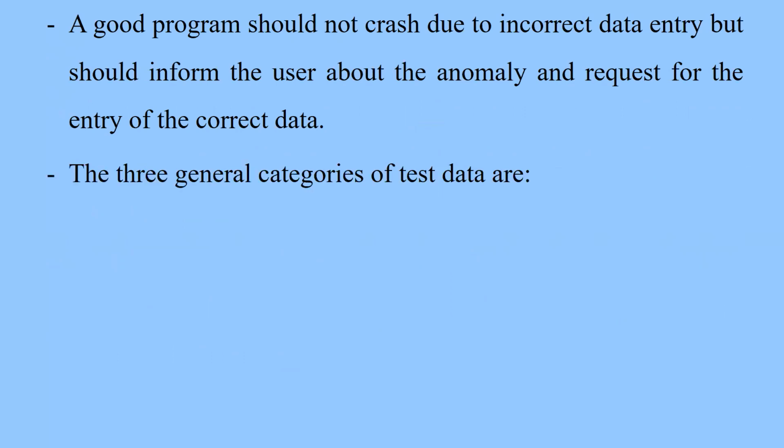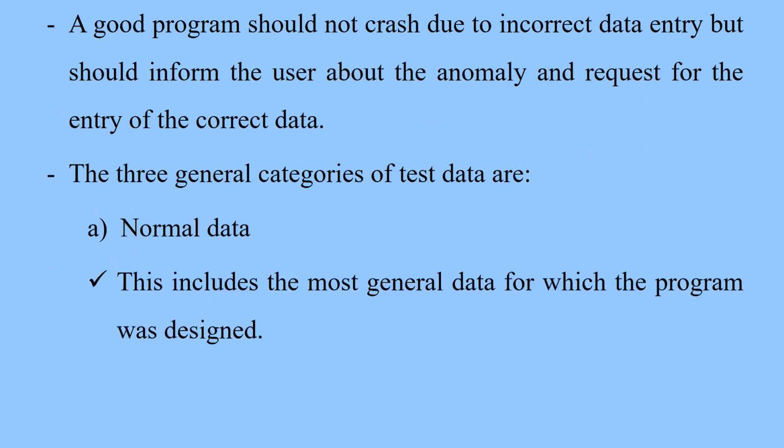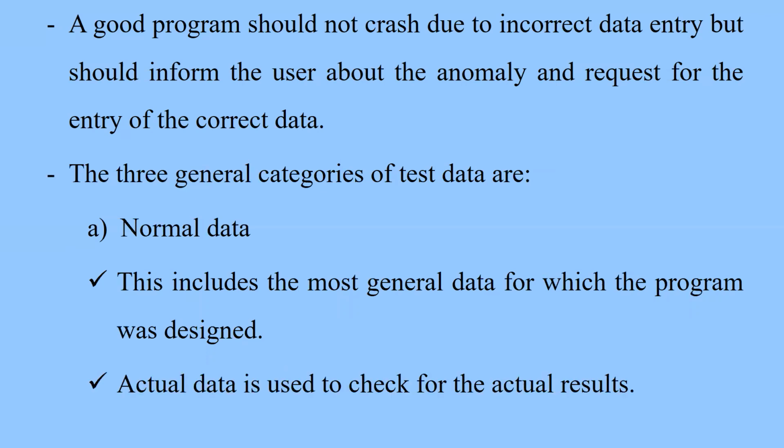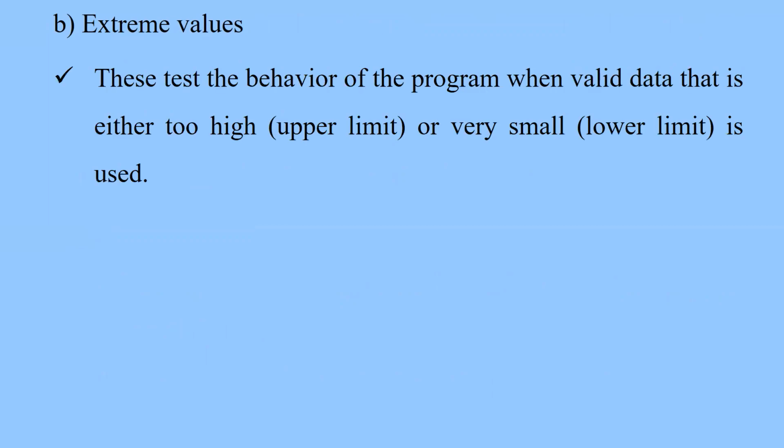So the 3 general categories of test data are what we call the normal data. This includes the most general data for which the program was designed. Actual data is used to check for the actual results. The second category are the extreme values.